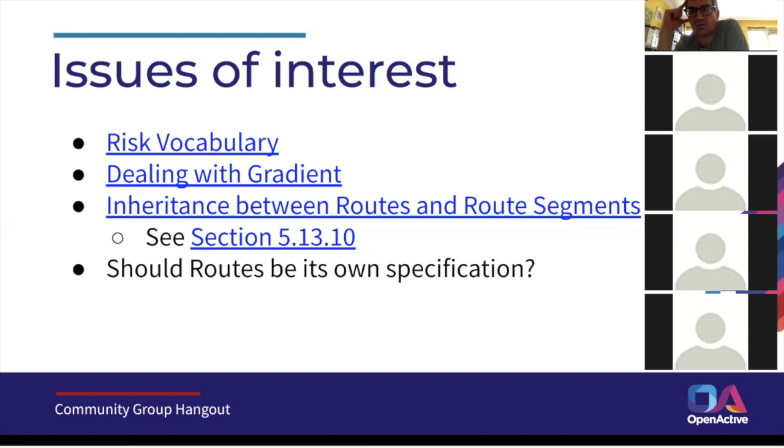So just to go the other way, how would distance work then? So distance would be inherited unless it was given something, or because you said no, you have to give it a specific value for that segment. Is that correct? Yeah. So distance, that's actually sort of easy in the sense that distance is not inherited. So if distance is declared on the route parent, it's the distance of the route.